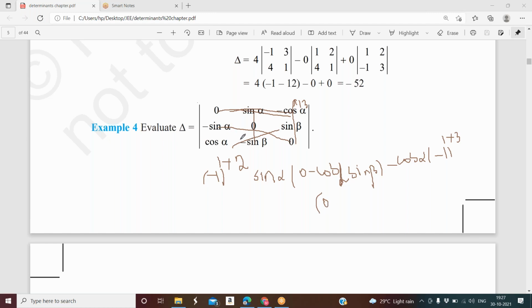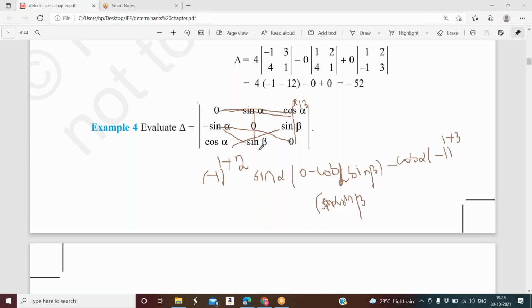Then multiply minus sine alpha and minus sine beta. First we have to multiply these two. Minus sine alpha into minus sine beta is sine alpha sine beta, since minus and minus becomes plus.